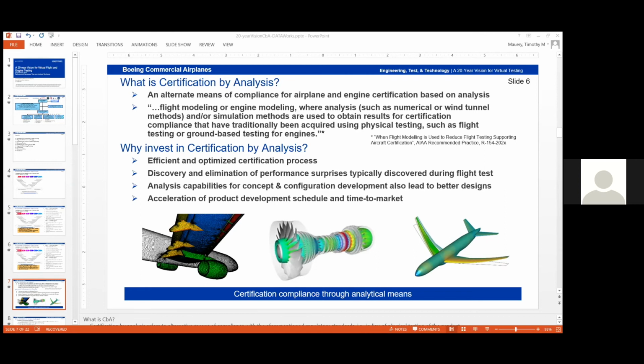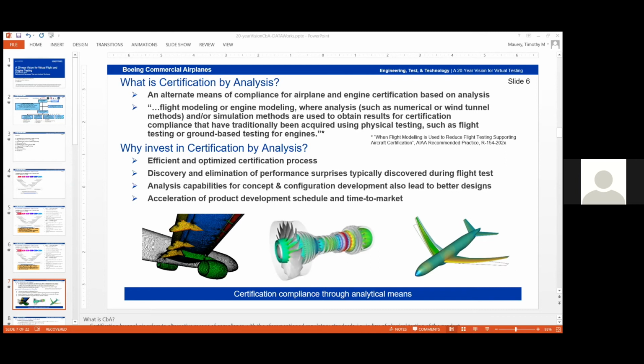And so why should we do this? Physical flight testing obviously is a complex and time-consuming endeavor. It can last up to a year for a new airplane, and that schedule is constrained by a lot of external factors, such as suitable weather conditions, equipment availability, and crew availability.